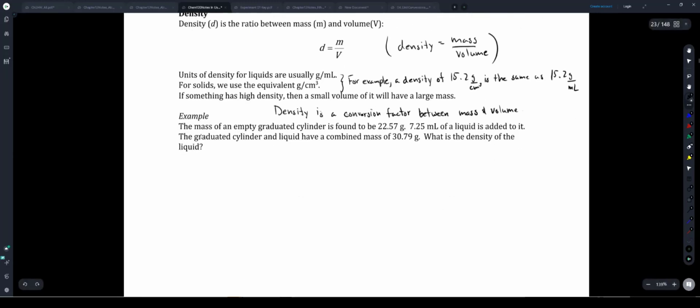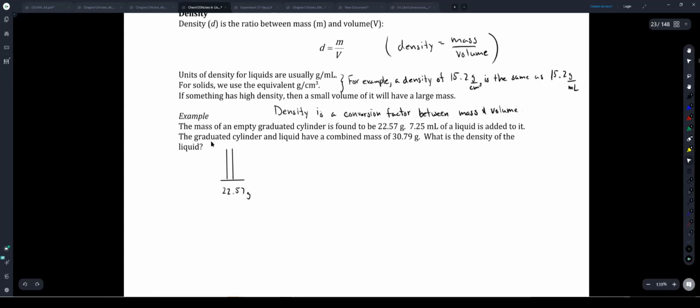All right, so let's say we have an example here. Let's say we have an empty graduated cylinder, and our empty graduated cylinder has a mass of 22.57 grams. That's its mass.